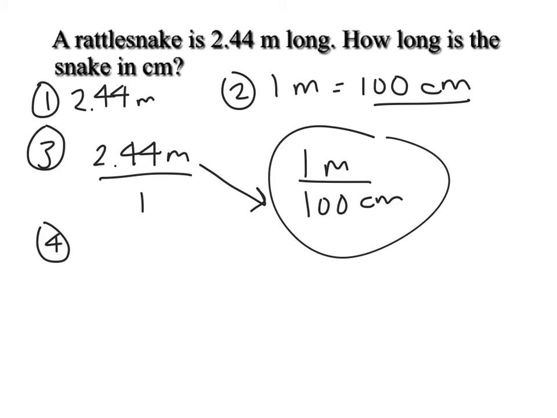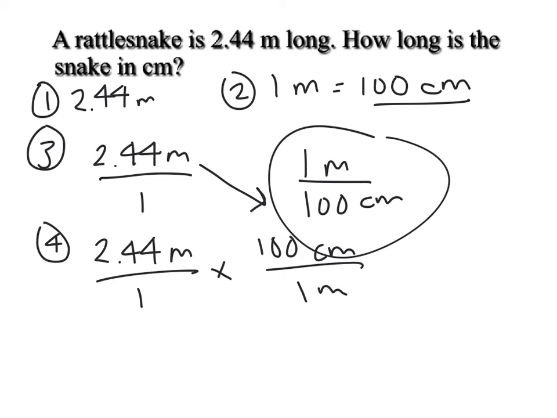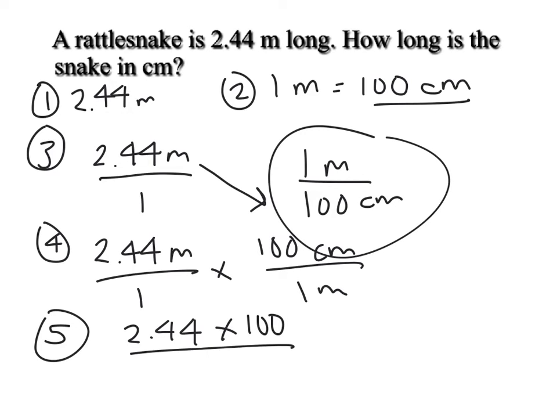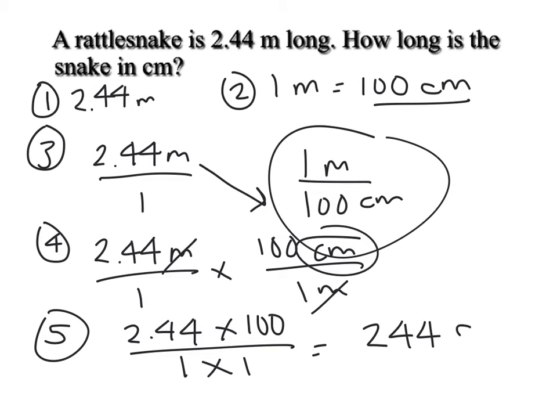So I need meters to be in the denominator, so 2.44 meters over 1 times 100 centimeters, and all I did was flip my conversion factor. And step number 5 then is to multiply, so we are left with 2.44 times 100 over 1 times 1, which is equal to 244, and meters cancel, so we're left with centimeters.